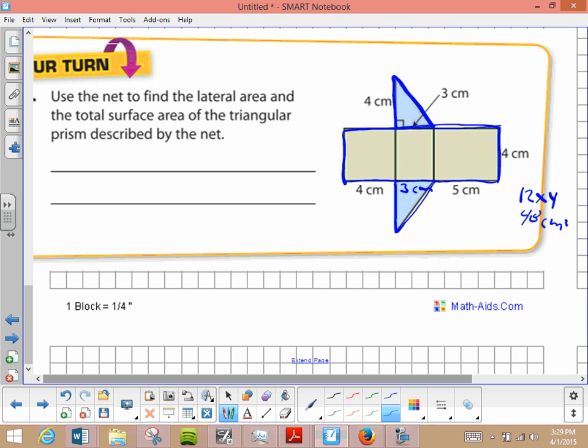You can just get the entire length from the base and multiply it by the height, and you get all of this covered by the area, which is 48. And we call that the lateral area. That's 48 centimeters squared. Why is it not cubed? It's not volume. That's right. It's area, right? We're counting squares, not cubes. Yes.